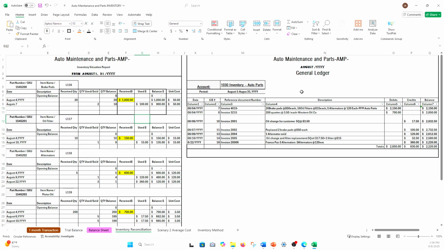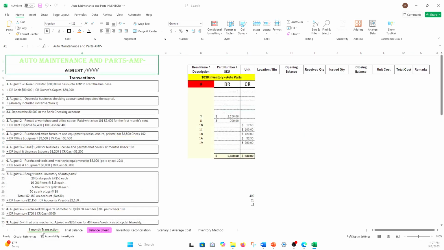Okay? So here we have the date, the journal entry. We already went through the journal entries number, reference number, the invoices. This is part of your general ledger. And this is part of the activity, the transaction that I showed you before here, okay? So that's what it is.